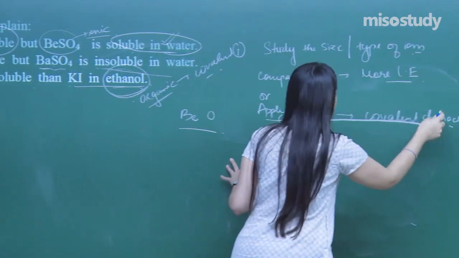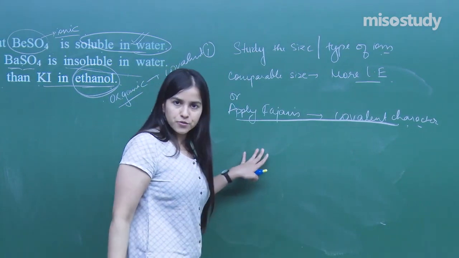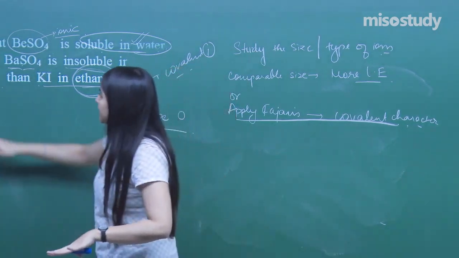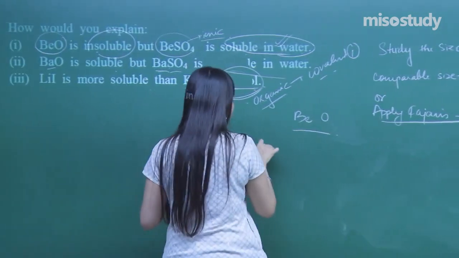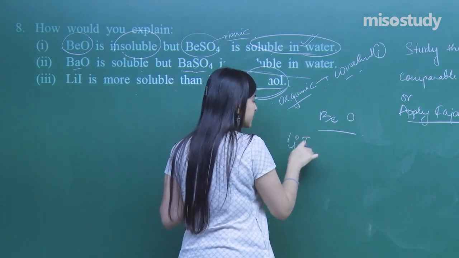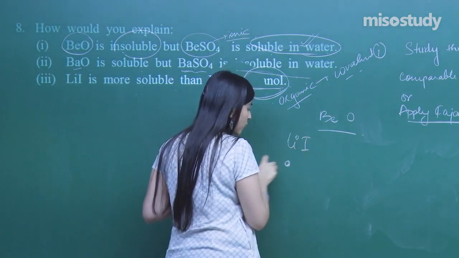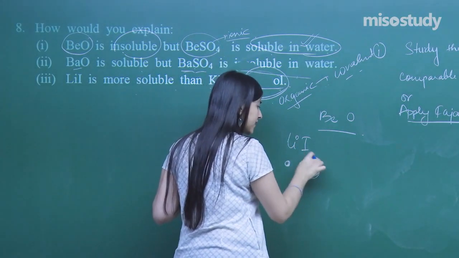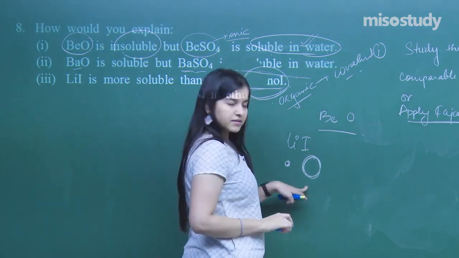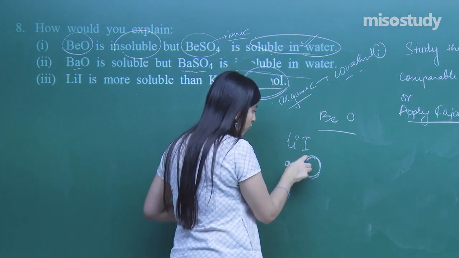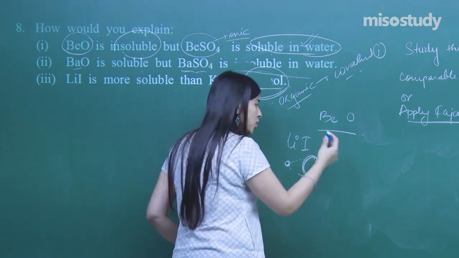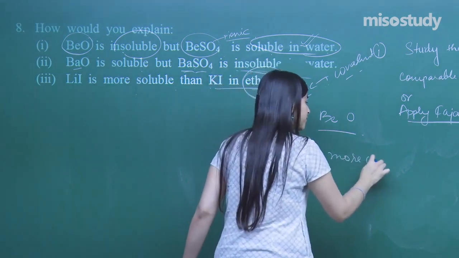See, Fajan's rule. For LiI, what does Fajan's rule say? Smaller the positive ion, bigger the anion, what will happen? More polarization, more covalency.